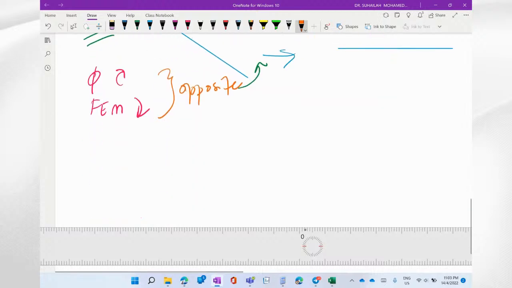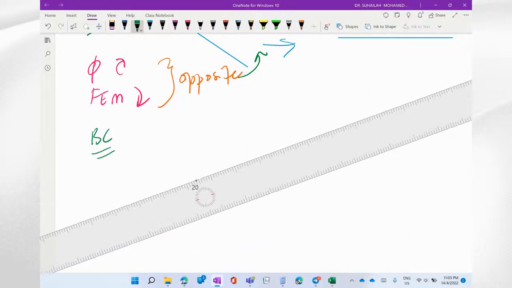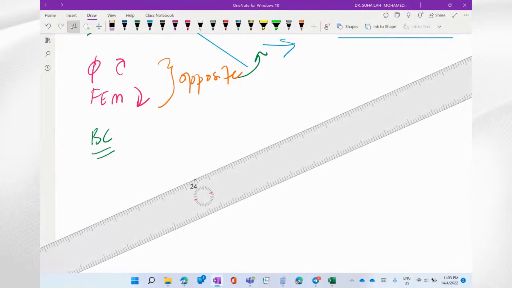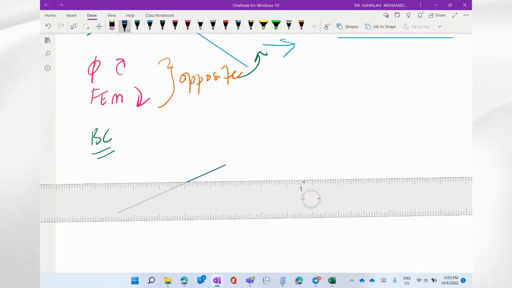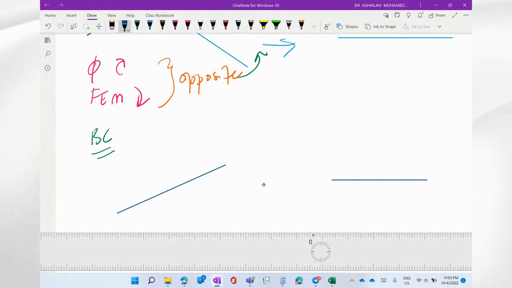So move to BC. What about BC? The beam is like this. The beam after support settlement is like this. So from this, to move back to straight position, what should we do? We will apply moment in this direction and this direction.